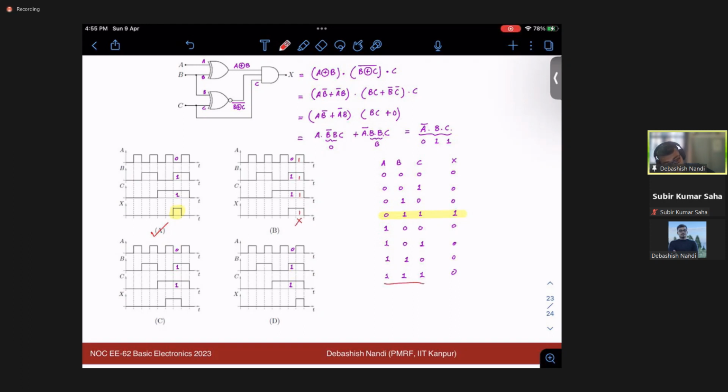Because 1 1 1 is your 0. Again 1 1 1 is not correct. And where this is 1, this is 0, this is 1, it is 1, right? So it is also not correct. So your correct answer would be your A. Okay. So this way you can solve the problem. Fine.